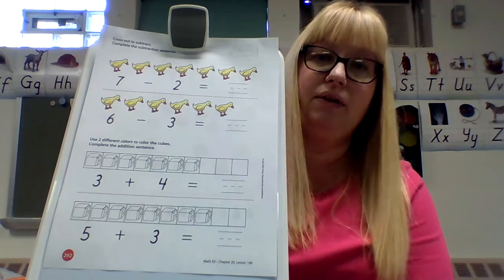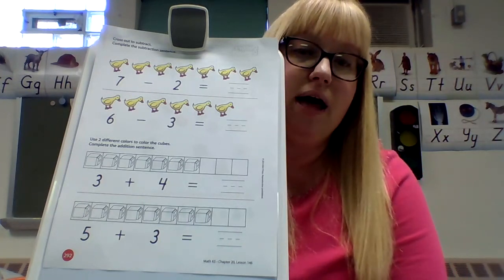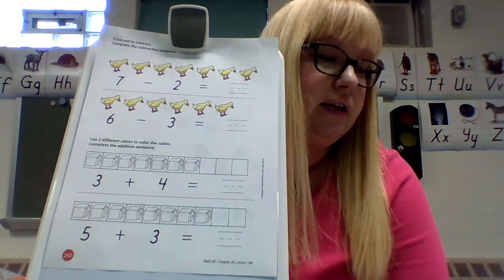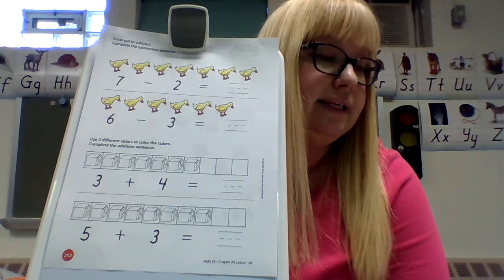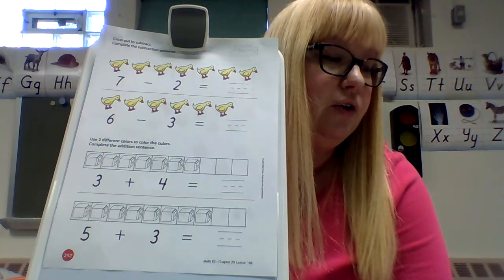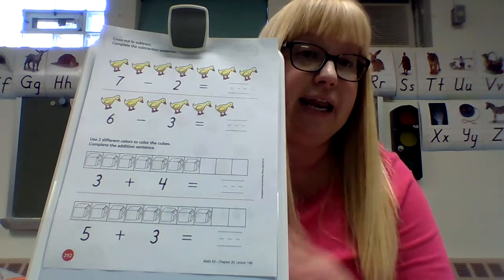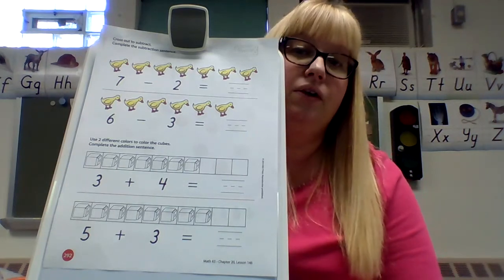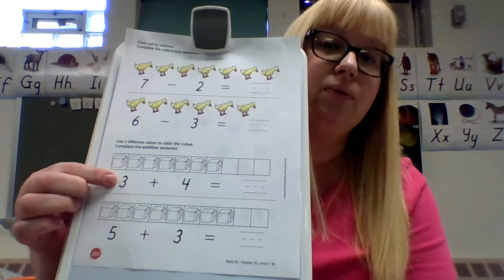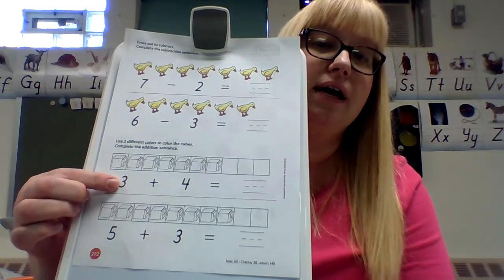Okay, hopefully I gave you enough time to do the subtraction. Now the bottom, you're going to need two different colors of crayons. It says use 2 different colors to color the cubes. Complete the addition sentence. Now we're adding stuff together. So your first number here is 3. How many cubes are you going to color?